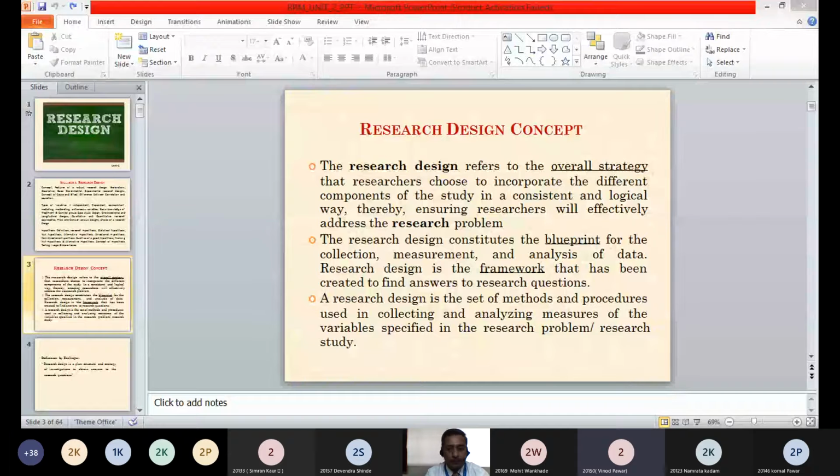Next, what is there is to decide or to plan about how to go about that research, what to do, isn't it? While doing any activity for that matter, in your daily routine also, whatever activity you are planning, you are deciding, you have to plan for that, isn't it?